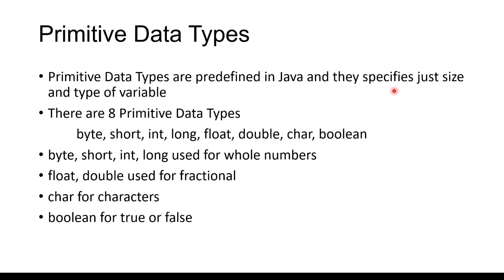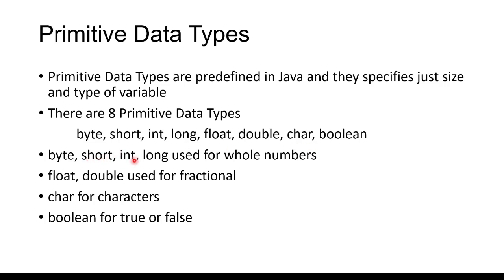Based on the requirement, there are 8 primitive data types in Java: byte, short, int, long, float, double, char, and boolean. These are used for different values. If you want to store a string, we use something; if you want to store a number, we use something else.